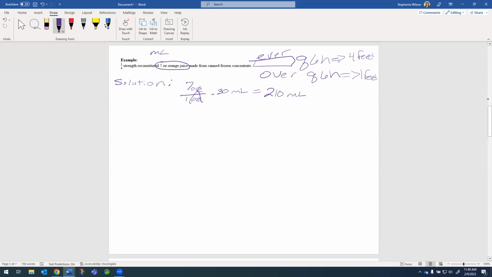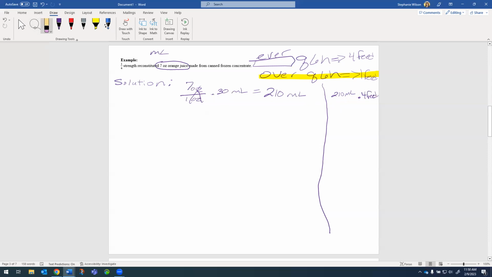Now this is good for when it is over 6 hours because it's only one feeding. But what if we are looking at every 6 hours? Then let me split the page right here in half. We're going to take that 210 milliliters and multiply it by the 4 feedings. Let me erase that.